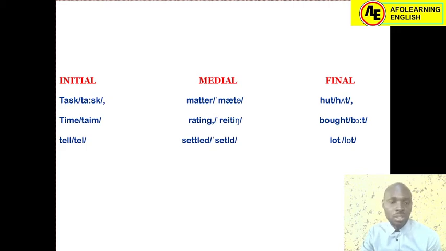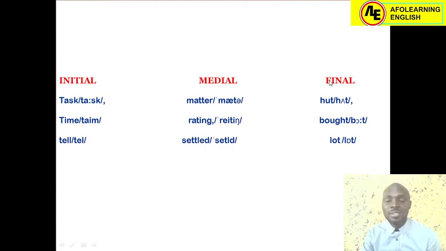At the beginning of words, you can find this sound in the words task, time, and tall. In the middle, you can find the sound in the words matter, rating, and settled.